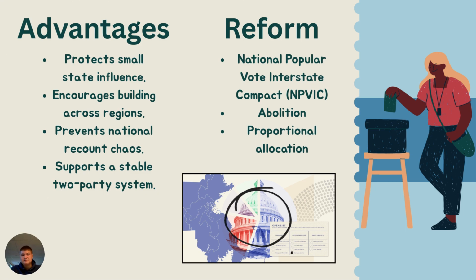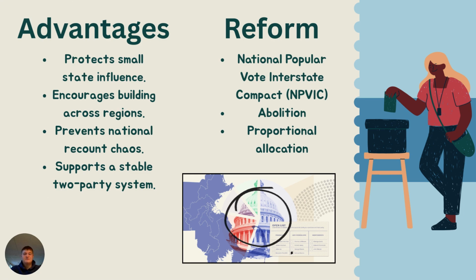Currently, there are 17 states that are a part of this NPVIC, and they make up 209 of the electoral votes. This means that we would only need 61 more electoral votes to gain a majority, and basically political agreements for this to work.